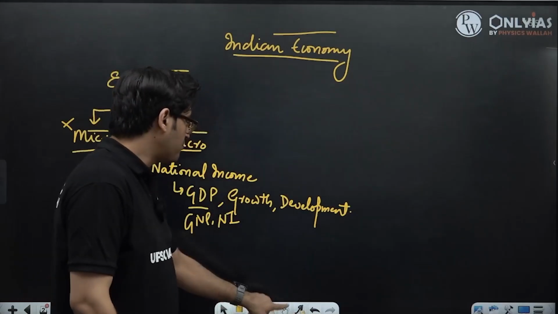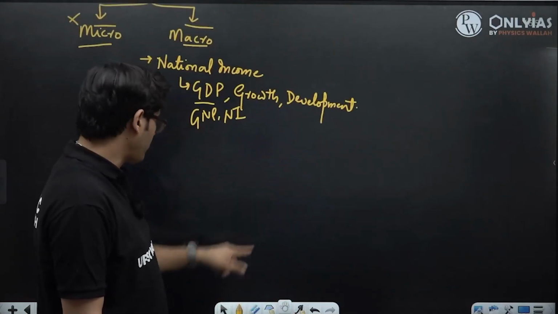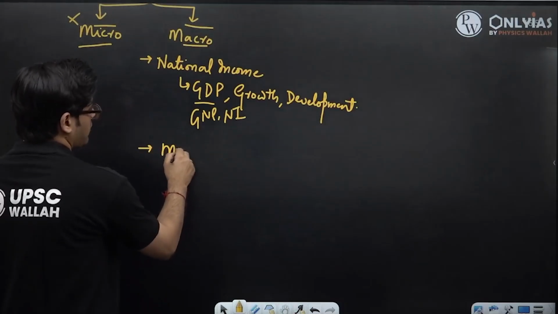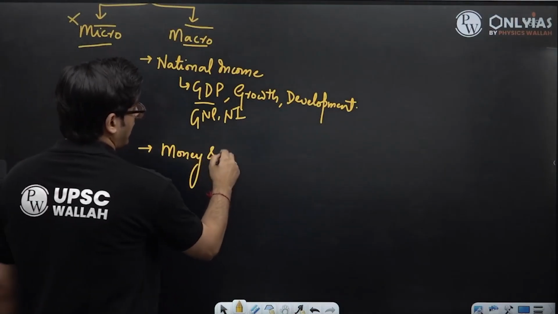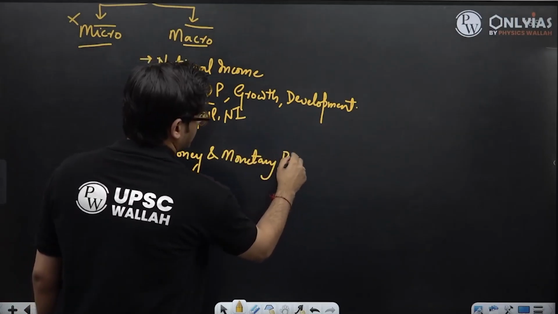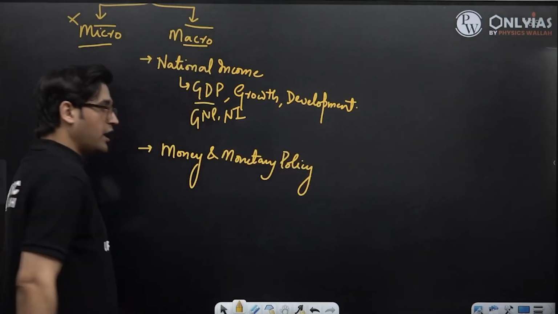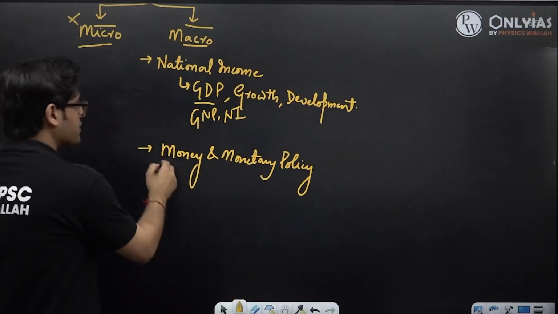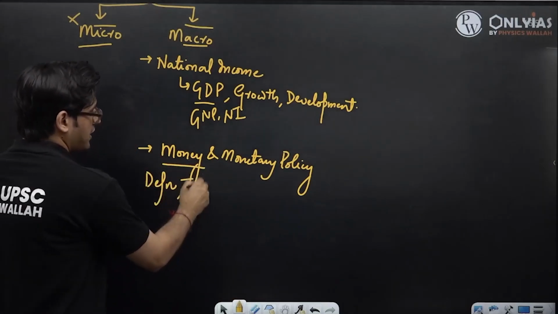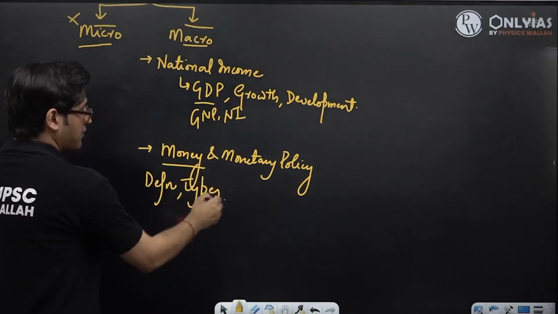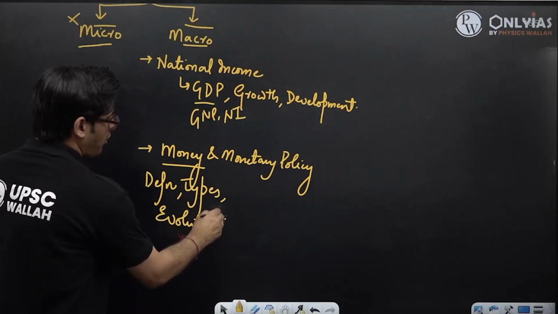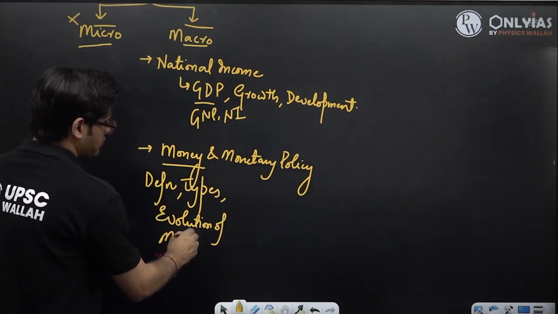The other important aspect from macroeconomics that we'll have to cover will be my favorite topic, which is that of money and monetary policy. Now, in money, we will have to understand what the definition of money is, what are the various types of money. We will have to also understand the evolution of the monetary system.